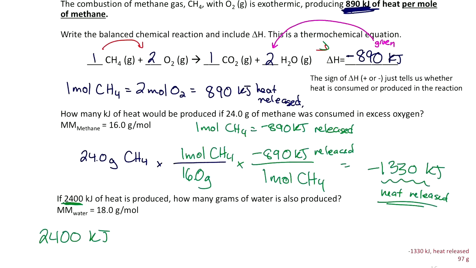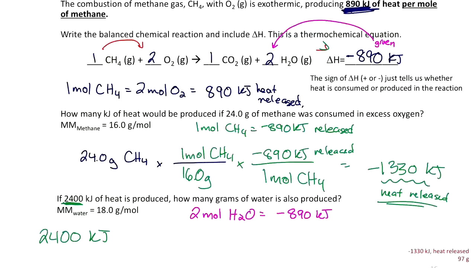But this time we want to use the relationship that says for every 2 moles of water, 890 kilojoules of heat is released. See how it's just stoichiometry, but with this delta H step, where we keep those coefficients. So 2 moles of water gives you 890 kilojoules of heat.